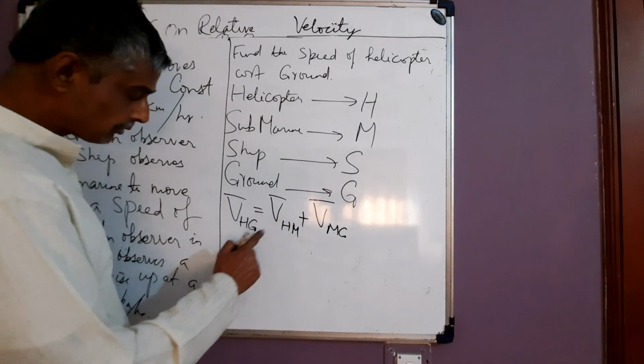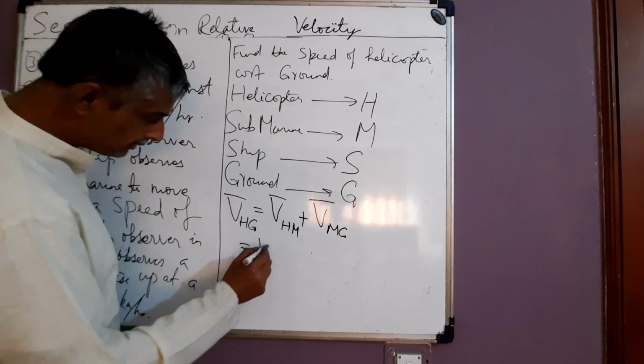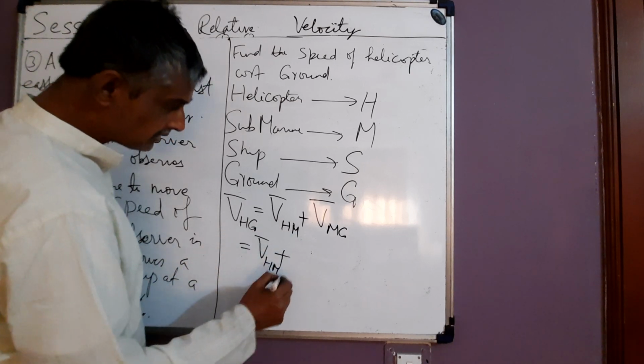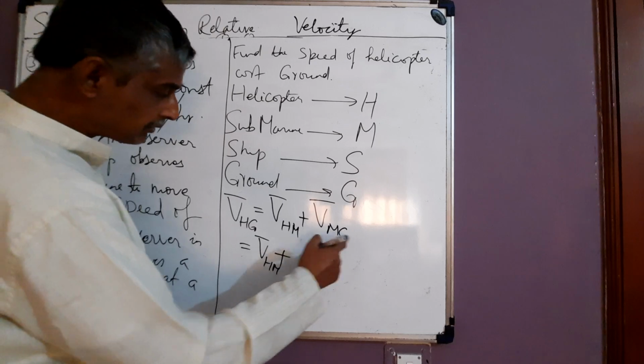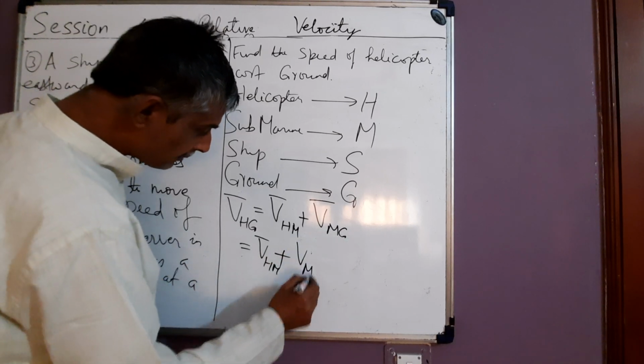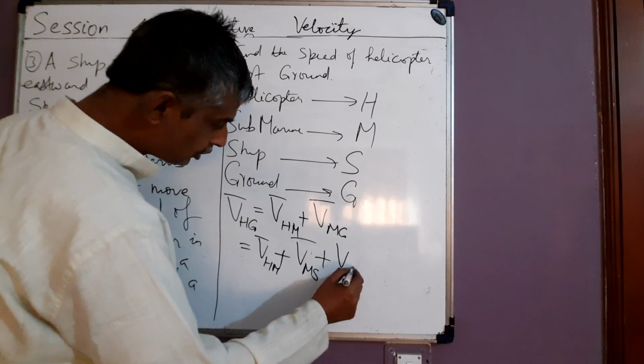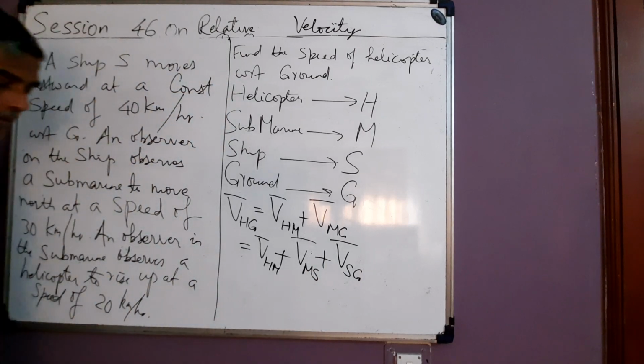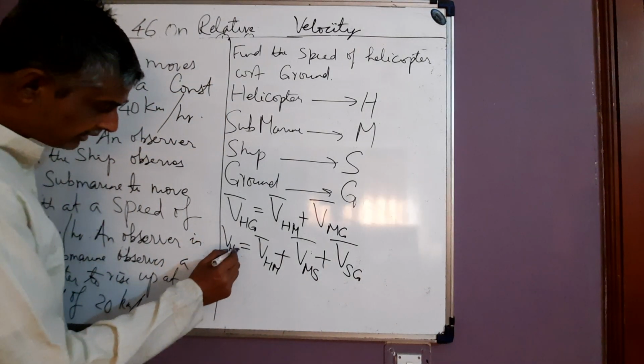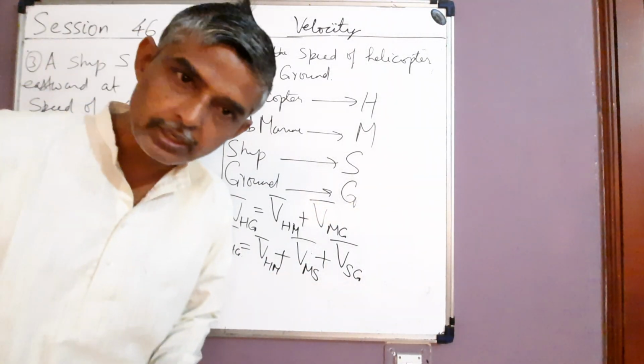Velocity of helicopter with respect to ground is velocity of helicopter with respect to submarine, VHM, plus velocity of submarine with respect to ground. That is velocity of submarine with respect to ship plus velocity of ship with respect to ground. So VHG is the vector sum of these three velocities.